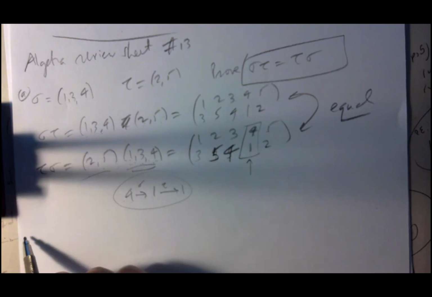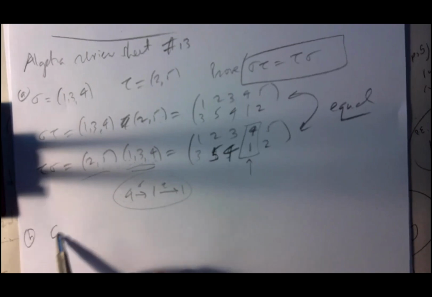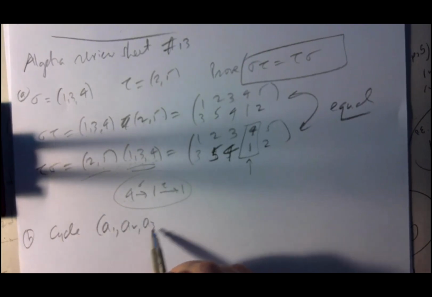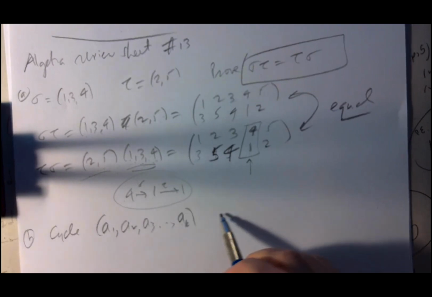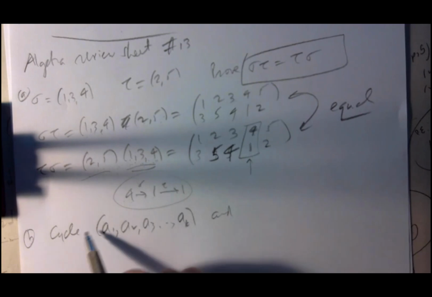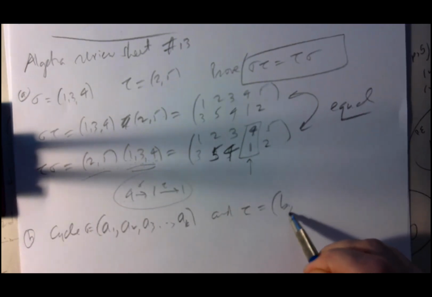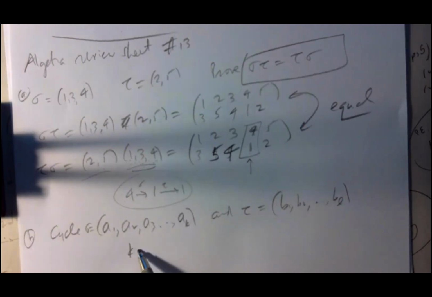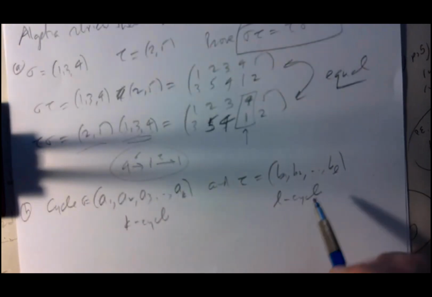Okay. So the definition of disjoint cycles: suppose we have the cycle (A1, A2, A3, up to A sub k), and another cycle, let's call this one sigma, and say tau is a cycle (B1, B2, up to B sub L). So this is a k-cycle, and this is an L-cycle.